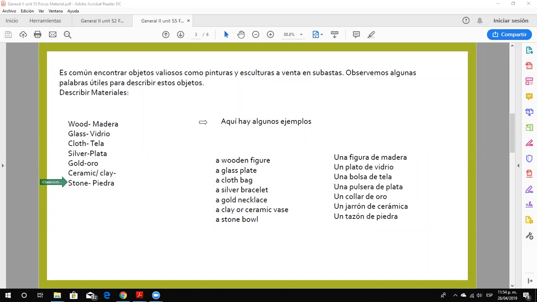Here we have some examples: a wooden figure, a glass plate, a cloth bag, a silver bracelet, a gold necklace, a clay or ceramic vase, a stone bowl.